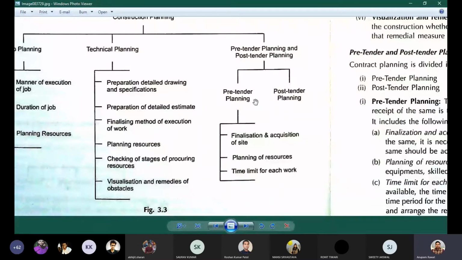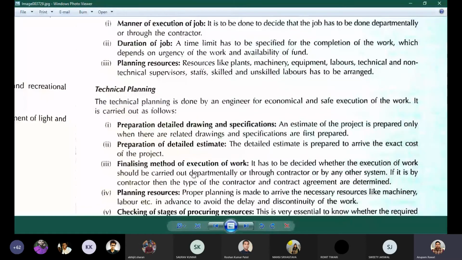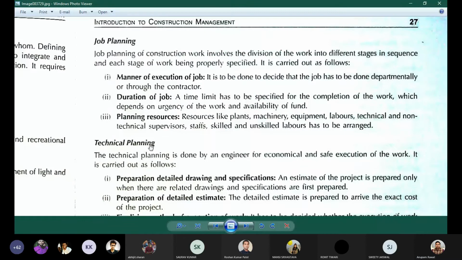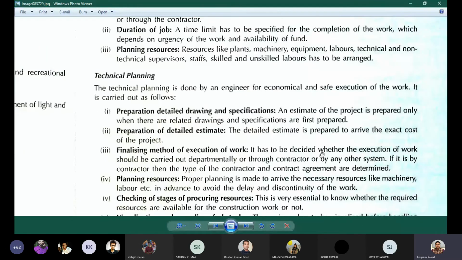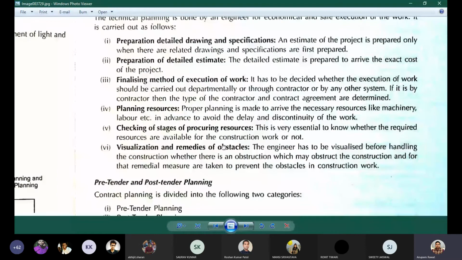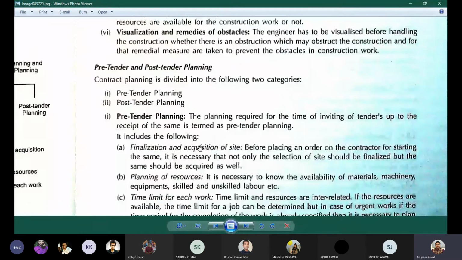In the post-tendering planning, there is certain work that is done. Here is the detail of that. I have already explained the job planning, technical planning, finalizing, and planning resources. Let us see what is in the pre-tendering planning.